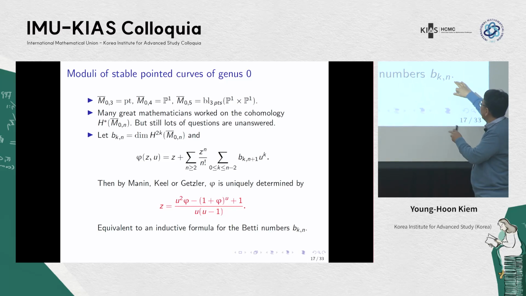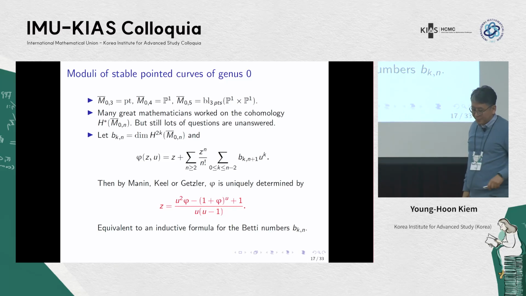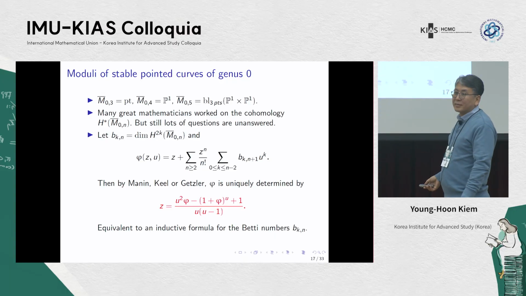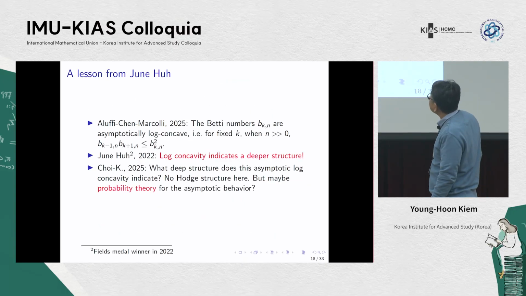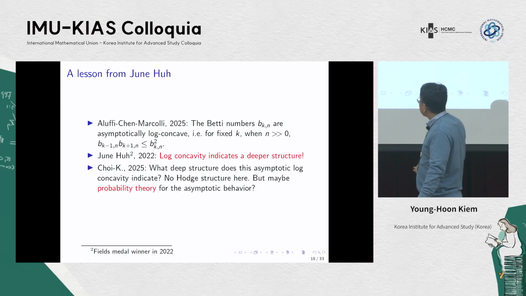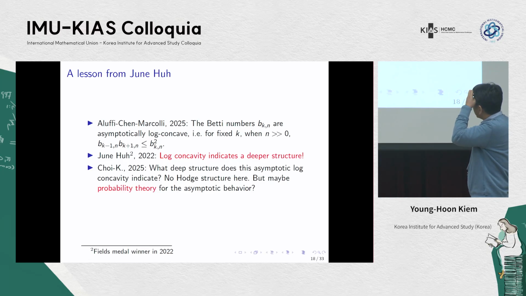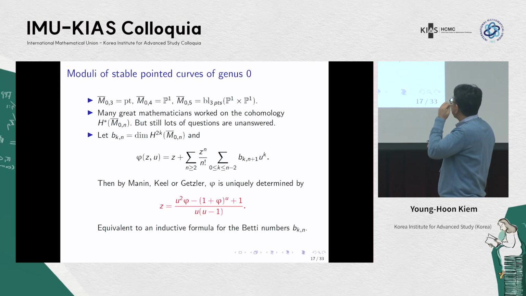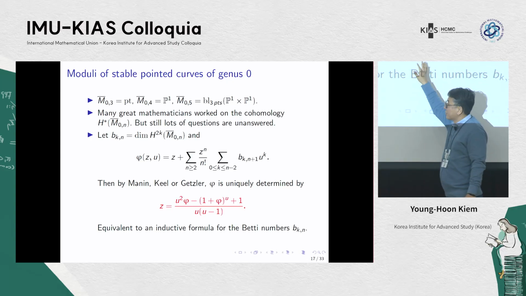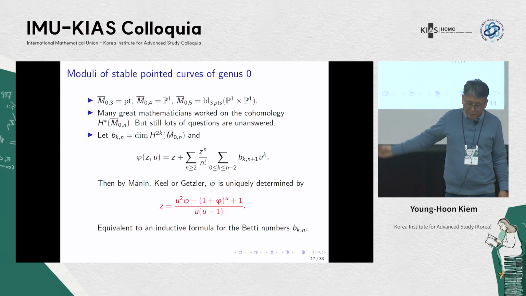Inductive means induction with respect to n. Okay, so that's the Betti number. This is an old result. The formula was obtained in about 1990, about 35 years ago.